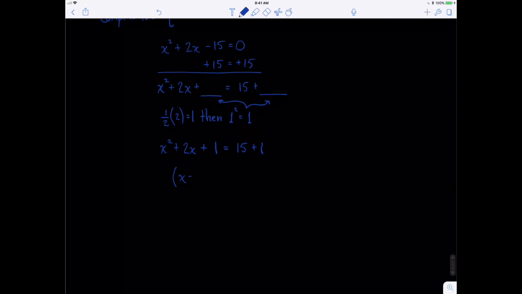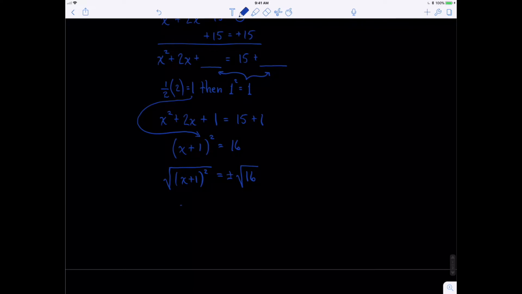It factors into x plus 1 squared equals 16. I take the square root of both sides, and I'm left with x plus 1 squared equals, and then we take a plus or minus square root of 16.